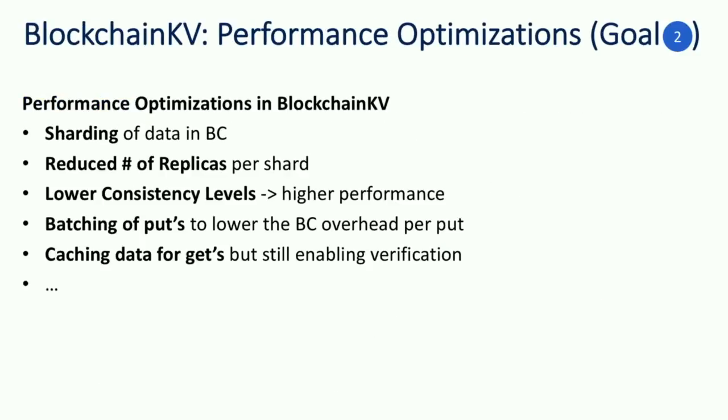Inside the blockchain, in order to achieve higher performance and implement some database optimizations, we selected a bunch of techniques that are implemented in the middleware, be it sharding the data into multiple blockchains, so not using just one. Some of the blockchains already do this inside the blockchain system. They support sharding, but not all of the systems support it.